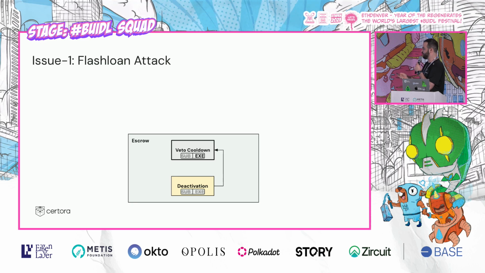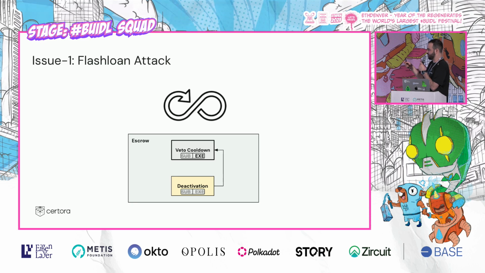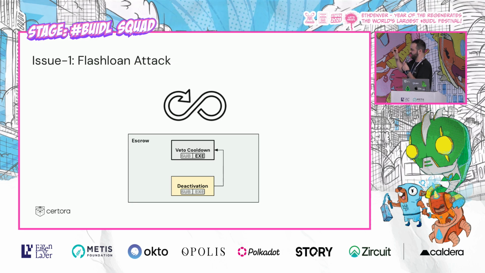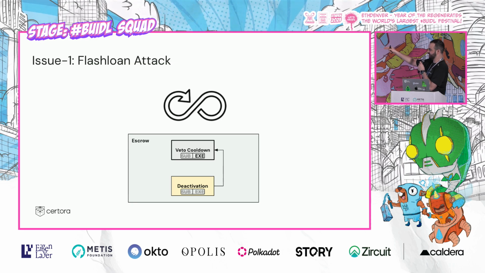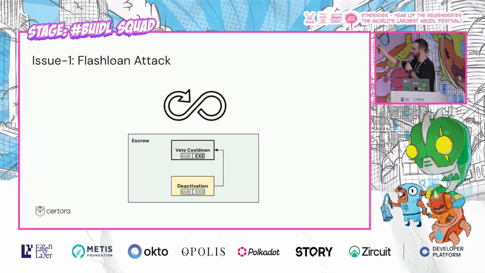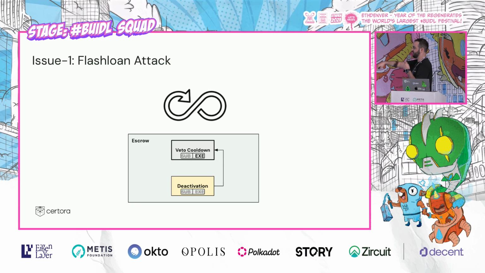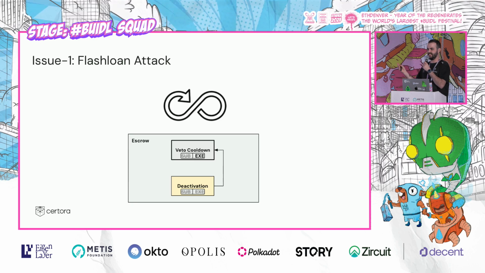Now if we do this continuously forever, we will be forever in deactivation for 45 days, then in veto cooldown for 24 hours, and then again deactivation for 45 days, with the cooldown for 24 hours, which means that we can never submit anything, and then the DAO is stuck forever.